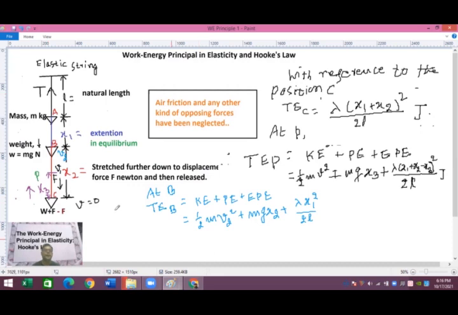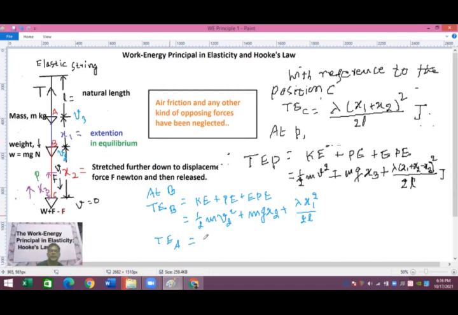Similarly, if you would like to find the total energy at position A, note that A is exactly at the original length of the elastic string. Say at this point the velocity is v3, and the position is the sum x2 plus x1.